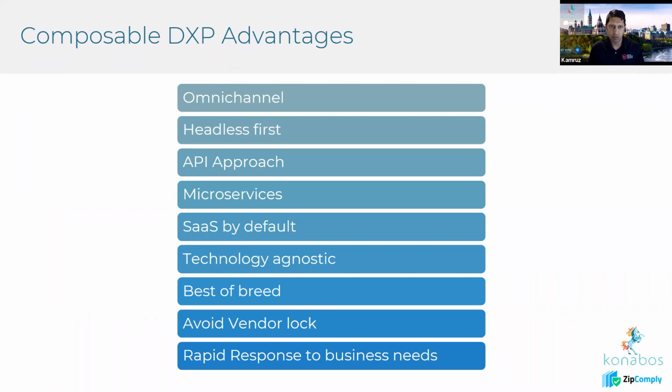Typically, composable systems are headless first, and they follow an API-based approach, and they take a microservices type of approach to building those out. So you are usually having a best of breed for each particular system. They are typically SaaS by default, cloud-based SaaS by default, which also gives you the advantage that upgrades and bug fixes and things like that are happening automatically in the background.